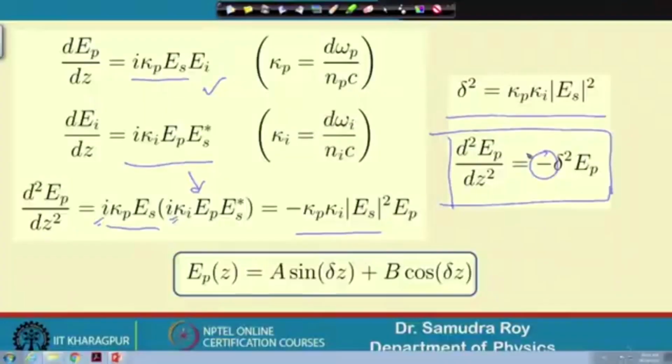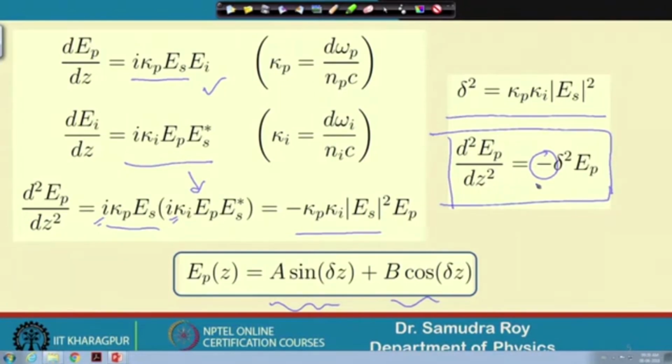But here what we are getting is a sine solution because of this negative sign. That means the E_p, the pump, is going to evolve, but this evolution seems to be periodic in nature.